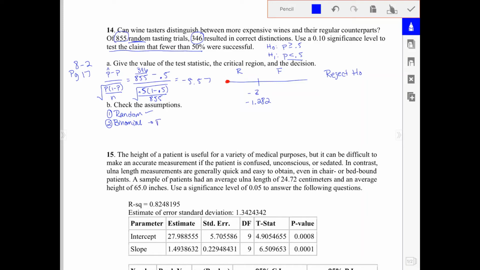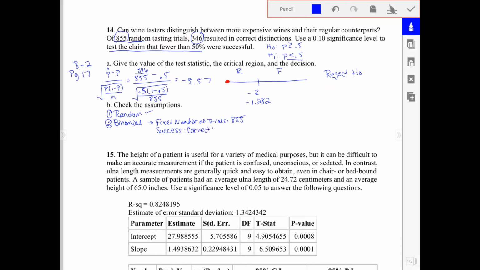So to test it as binomial, we have some things we have to check. Fixed number of trials. Looks like yes, they tested 855.